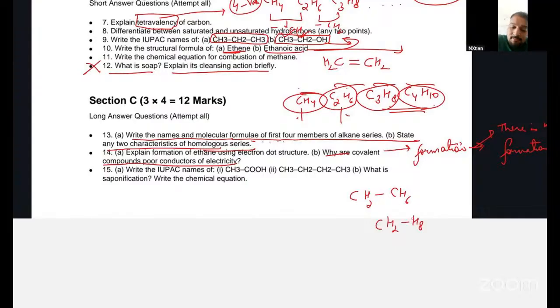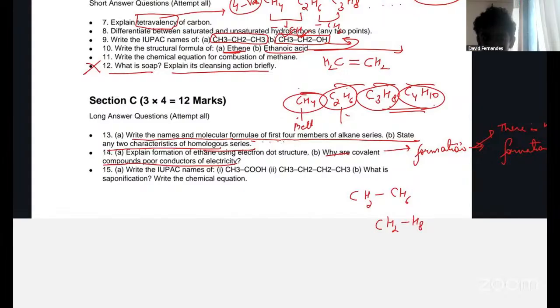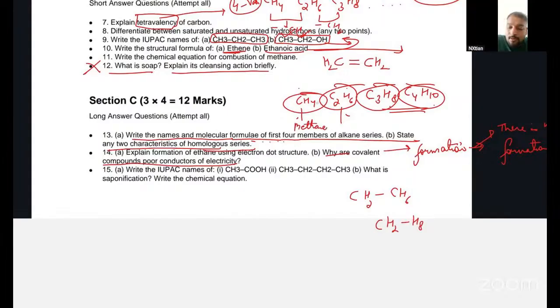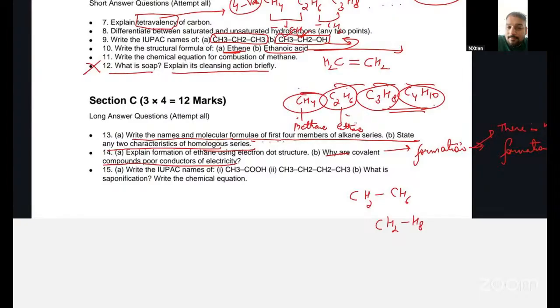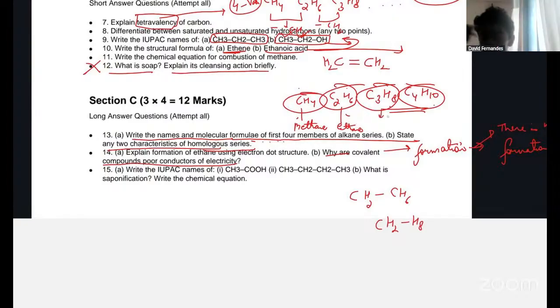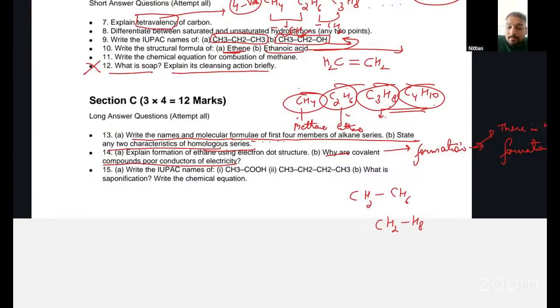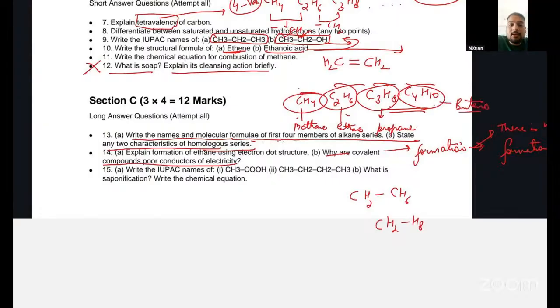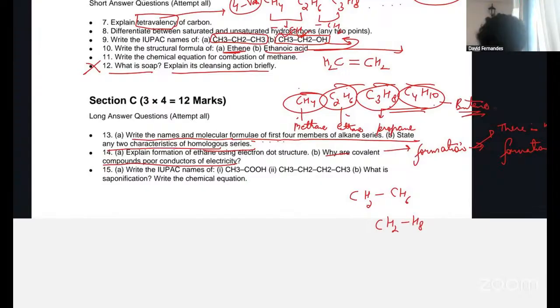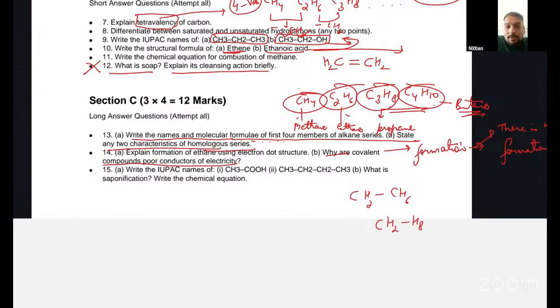Methane is CH4. Now C2H6 is ethane. I wrote CH2H6 by mistake. And what is propane you wrote? Yeah, I made that same mistake. So you have to check it also. Guys, if you complete under the time, you have to revise your paper also, to see whether you made some mistakes or not.